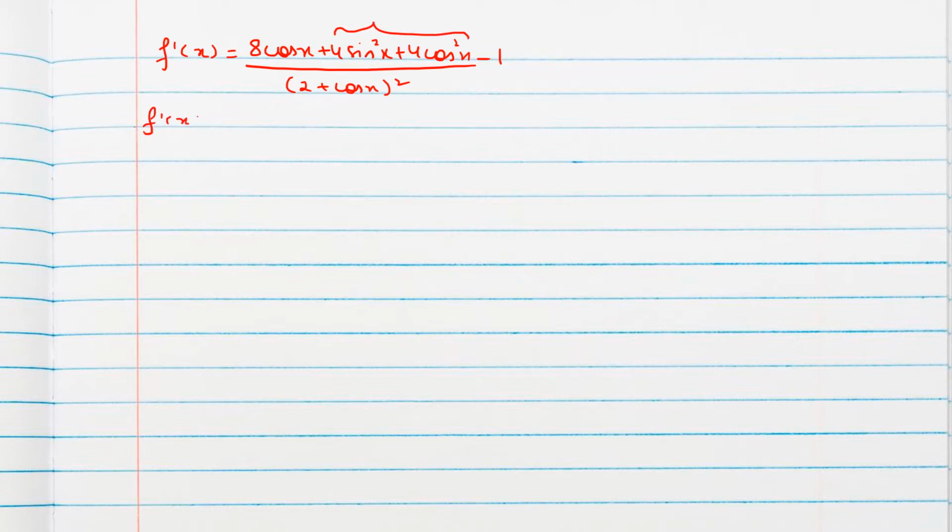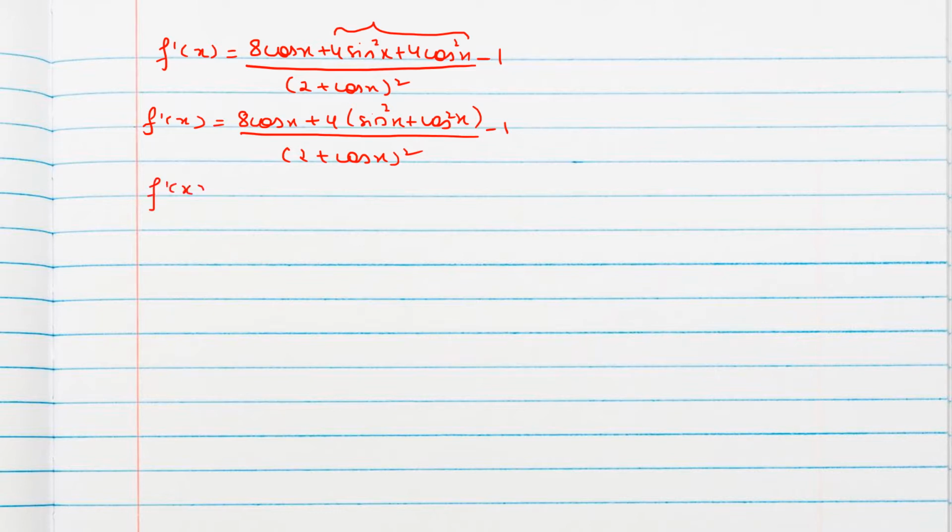F dash of x we got as 8 cos x plus 4 sine square x plus 4 cos square x, divided by (2 + cos x) whole square, minus 1. From these two terms we can take 4 common: 4 times sine square x plus cos square x. This will be 1 by identity.